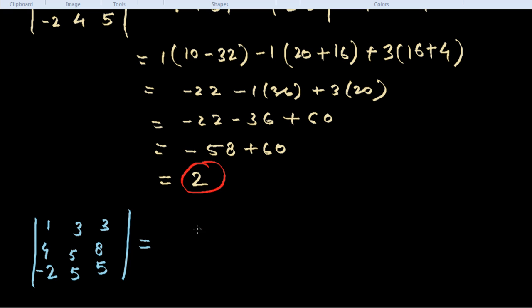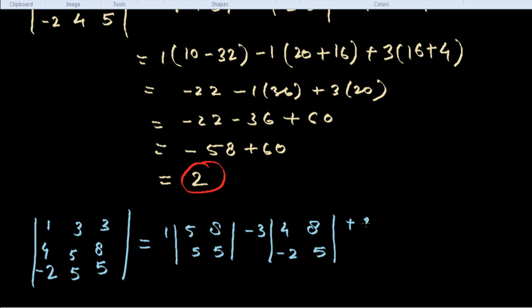So we see what happens now. 1 times (5, 8, 5, 5), minus 3 times (4, 8, minus 2, 5), plus 3 times (4, 5, minus 2, 5).